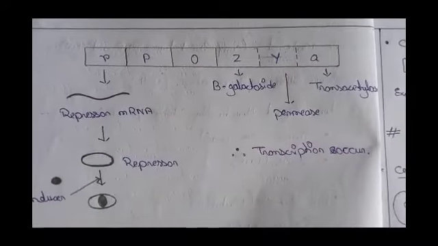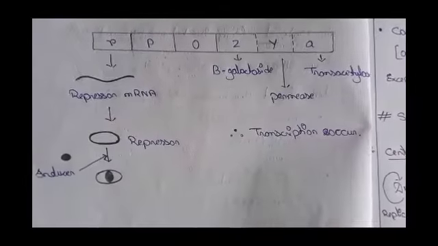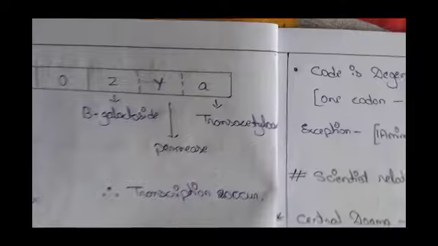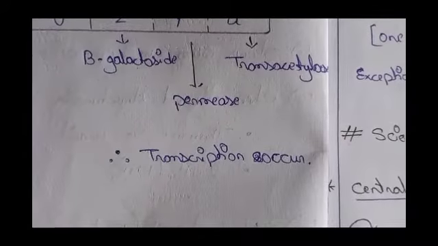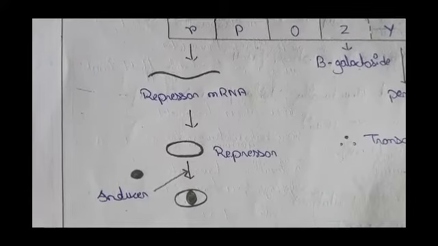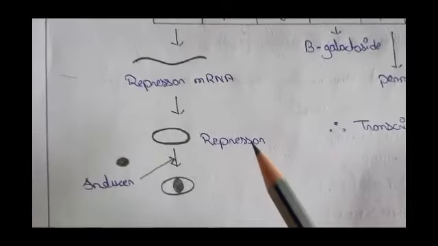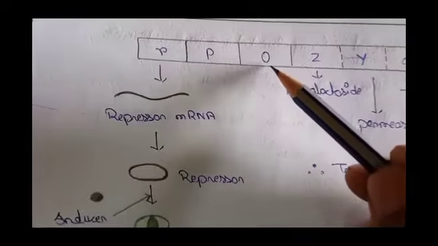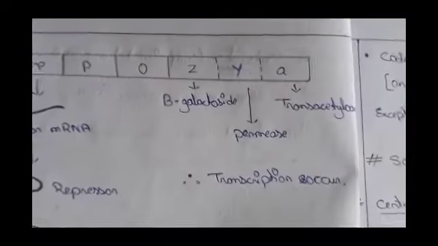in the next case, if the repressor is not able to bind, means if the inducer suppresses the repressor, then it is not able to bind with O, and the transcription process can occur.